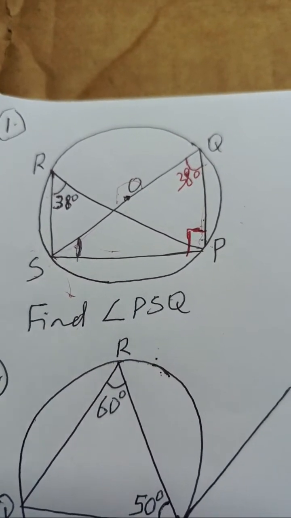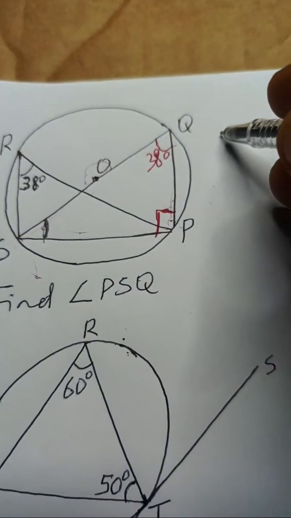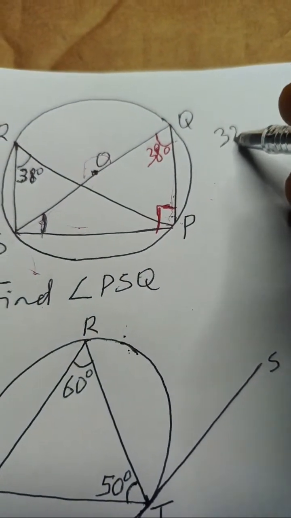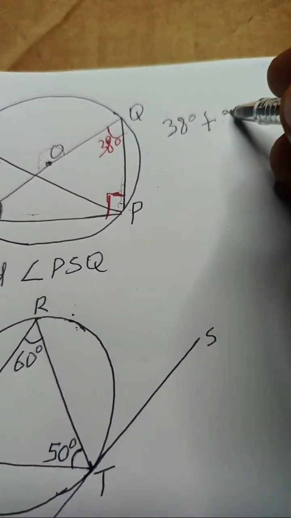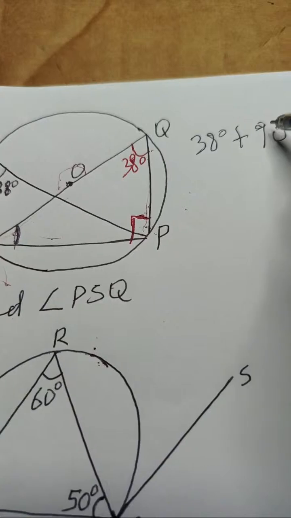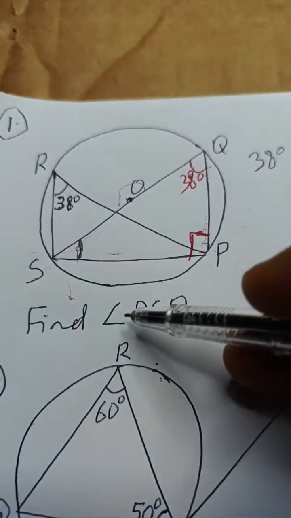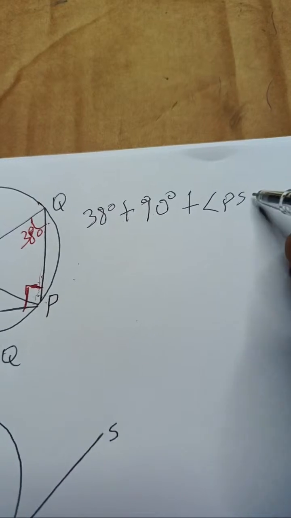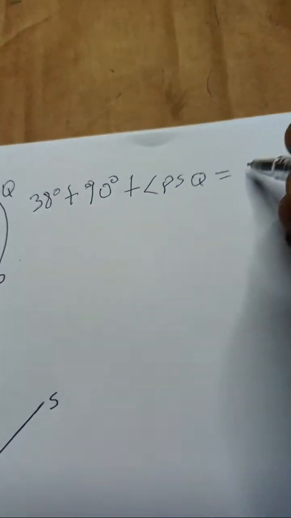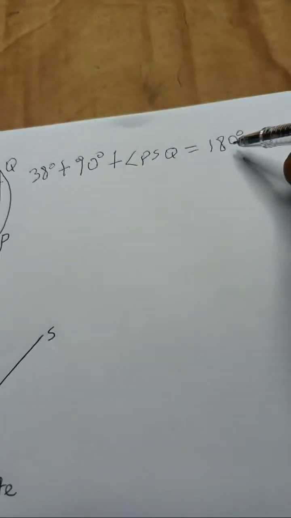So to calculate that, this angle Q, which is 38 degrees, plus this, which is 90 degrees, plus this S that we are looking for, that's angle PSQ that we have to find, must be equal to 180 degrees.